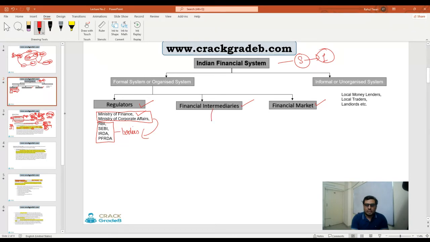So all the financial intermediaries: banking, insurance, non-banking companies, and the financial market, which is generally divided into capital market and money market. Just giving an example, I'll give you the proper figure later, but just for your understanding.